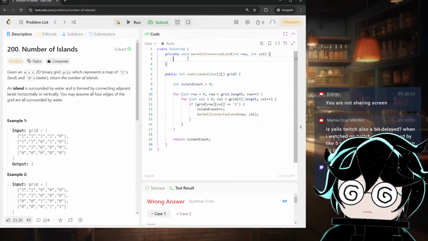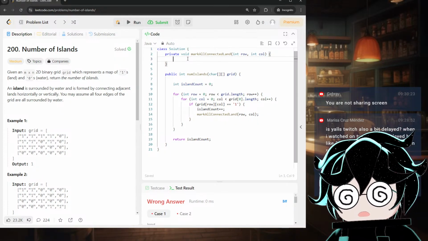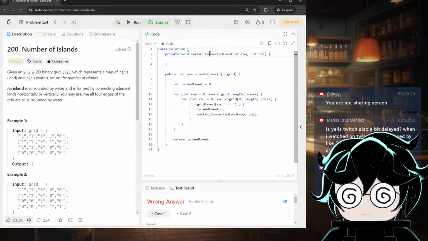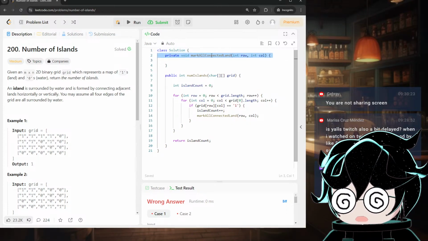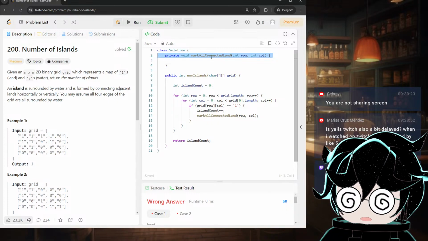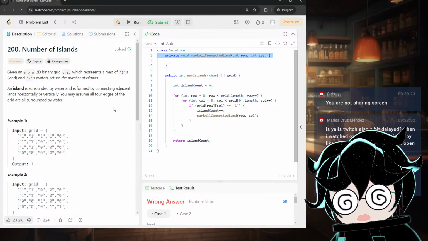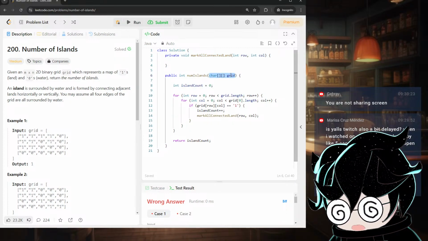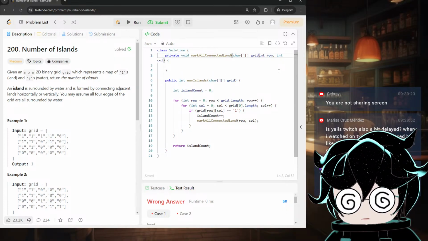Okay, now is the tricky part. Now we need to do the depth first search to mark all the visited land as visited. And we're going to do this in place too. So we should probably pass this grid into... Oh man.